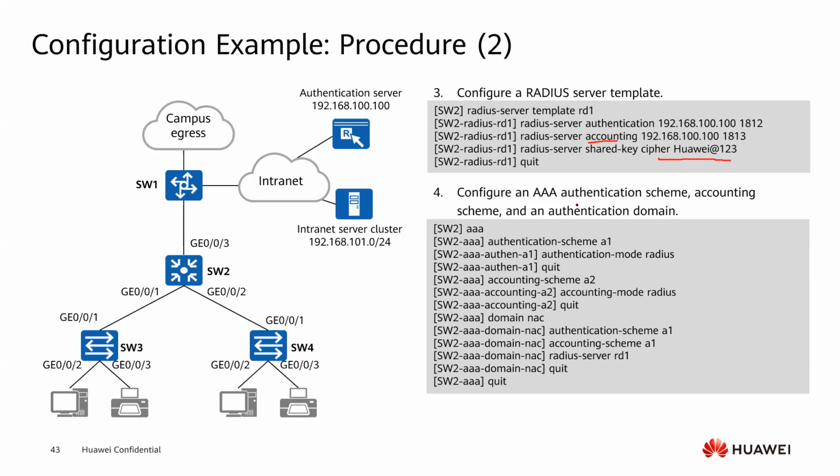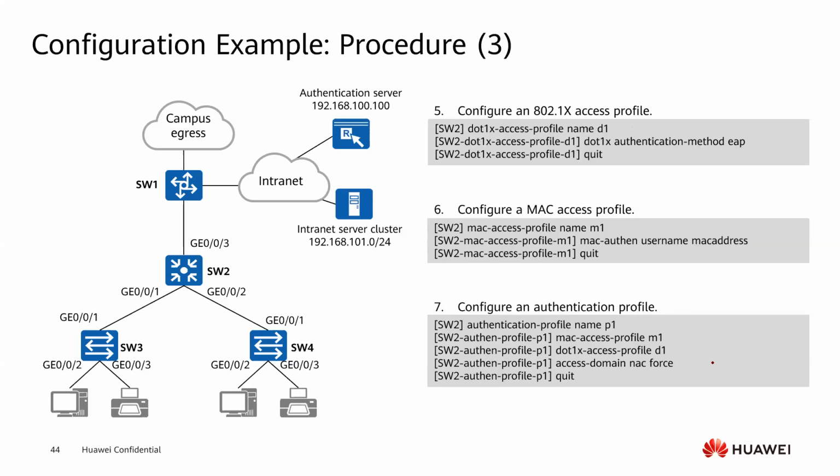And then you need to go to the 3A view to create the 3A authentication scheme, the accounting scheme, and the specific domain. The first is the authentication scheme. You just change the mode to RADIUS, also the accounting to RADIUS. And for the specific domain, the NAC domain, you need to bind the specific authentication scheme and accounting scheme, also the RADIUS server template.